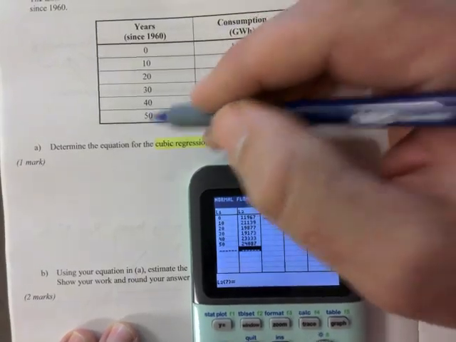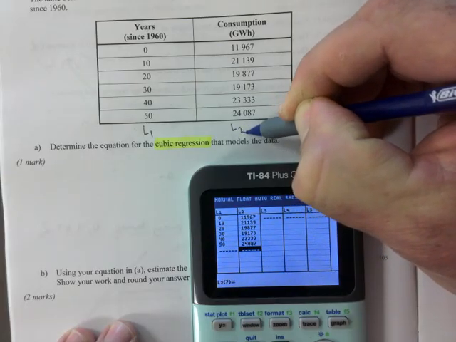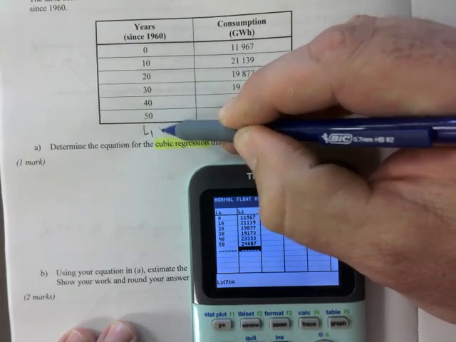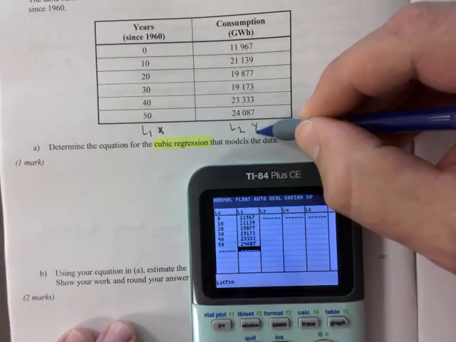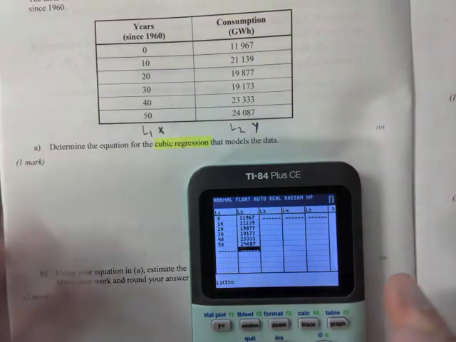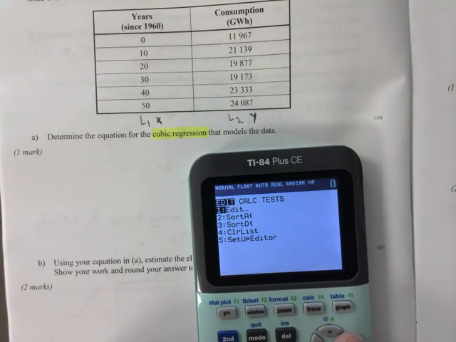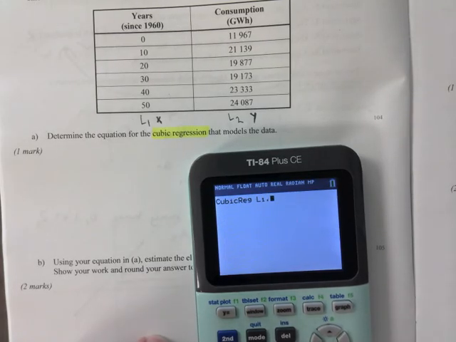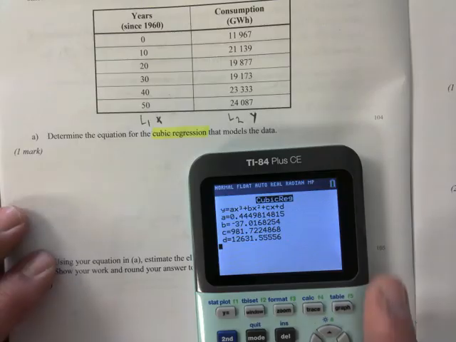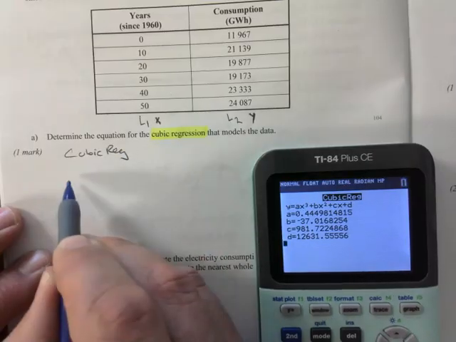I will indicate up here that this is L1, this is L2, and not only that, this is my X value. These are my X values, the years, and the L2 are my Y values. Let's do the regression. Stat, calc, cubic regression, L1, L2, alpha trace. There you go. So I'm just going to do cubic reg. That's good enough.